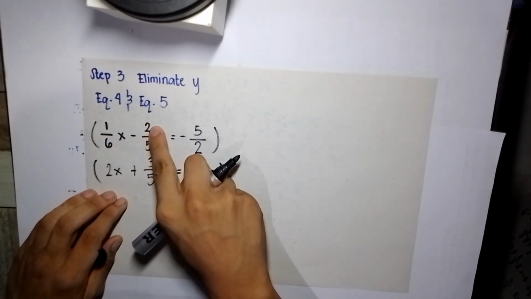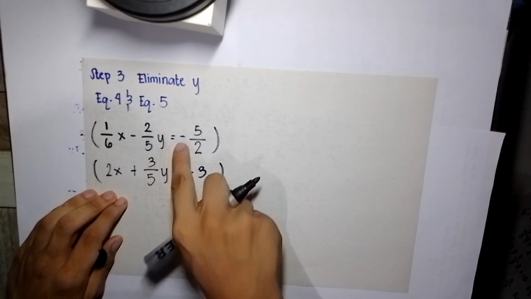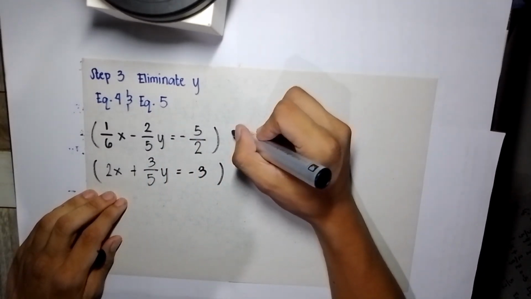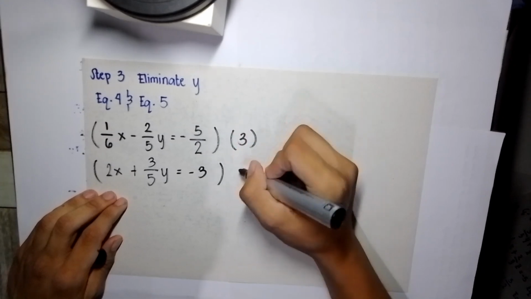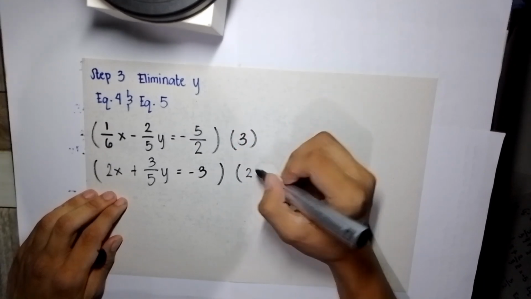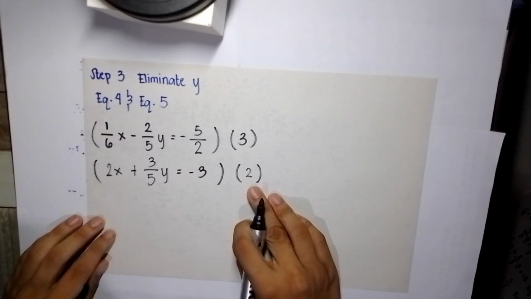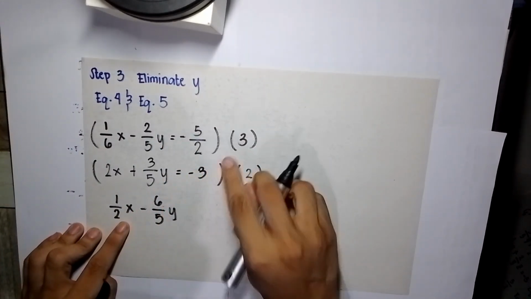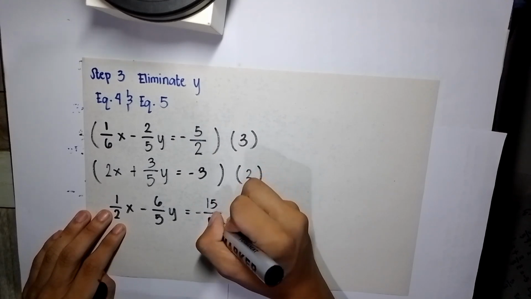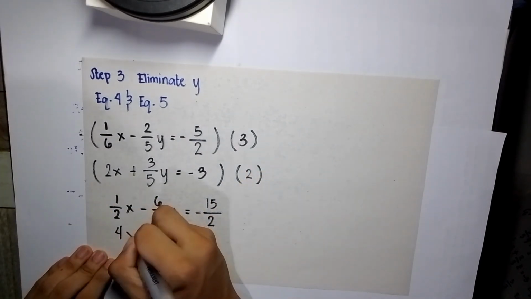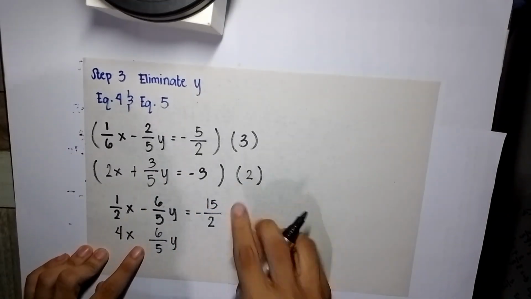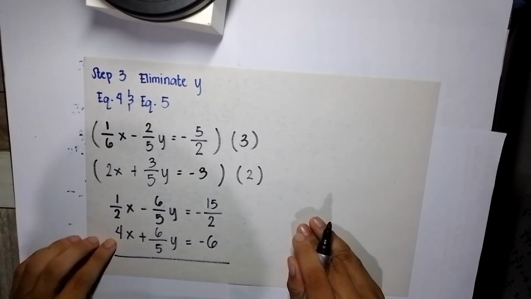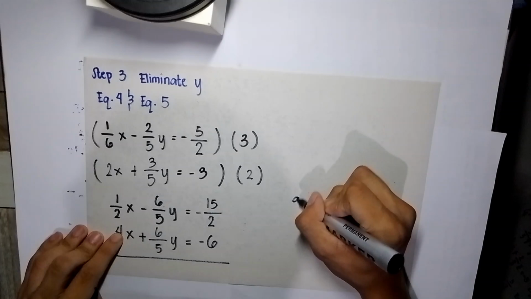Since both have the same denominator, equation 4 will be multiplied by 3 and equation 5 will be multiplied by 2 in order for us to eliminate the variable y. Now we can eliminate variable y.